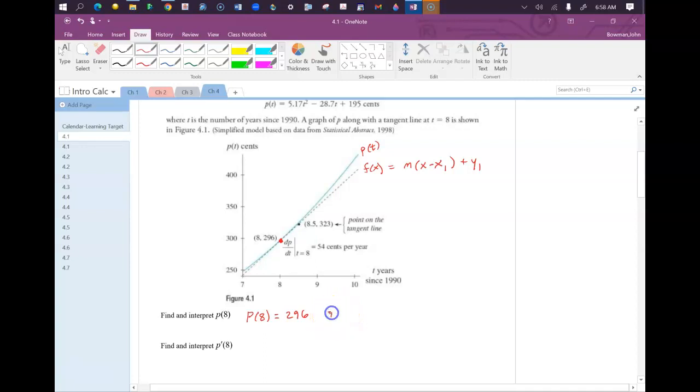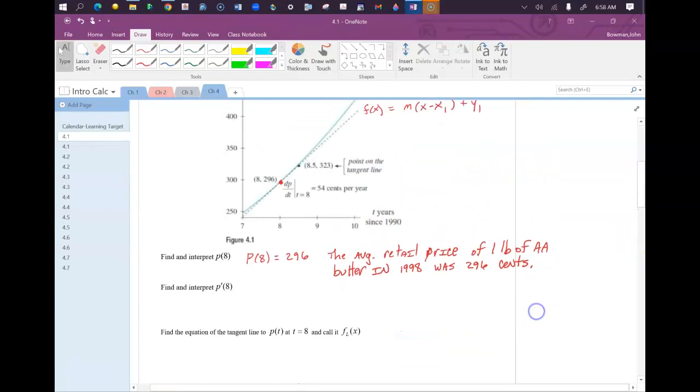And that would be the average retail price of 1 pound of 2A butter in 1998, 8 years after 1990, was 296 cents.